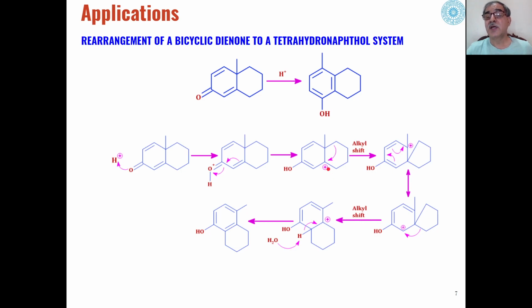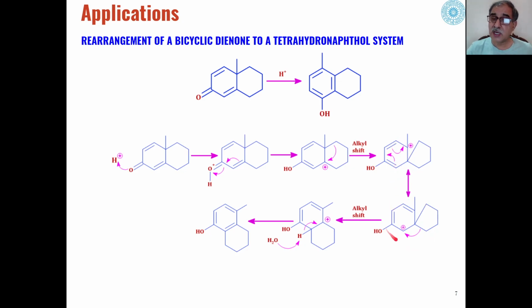Then this carbocation undergoes an alkyl shift by breaking of this carbon-carbon bond of the six-membered ring, which is converted into a five-membered ring to give us this type of carbocation. And then this carbocation is a resonance hybrid because of the movement of pi electrons present in this ring.